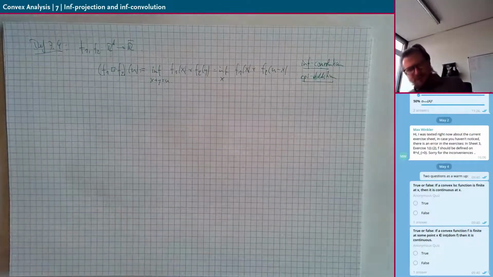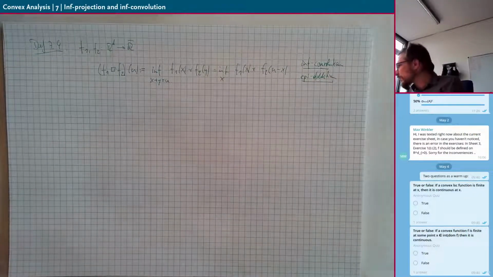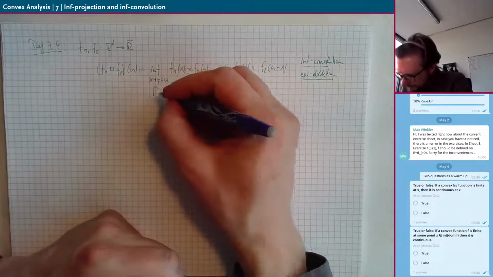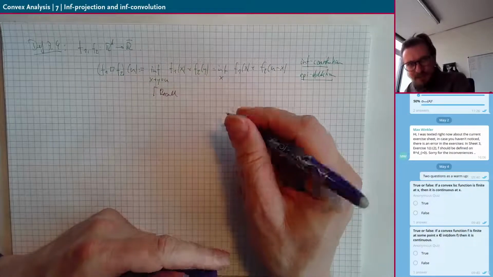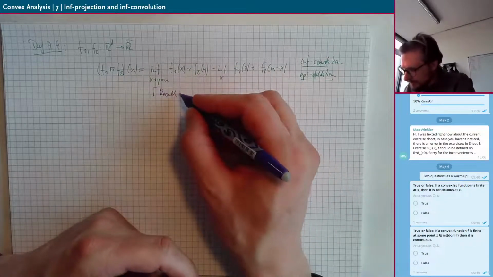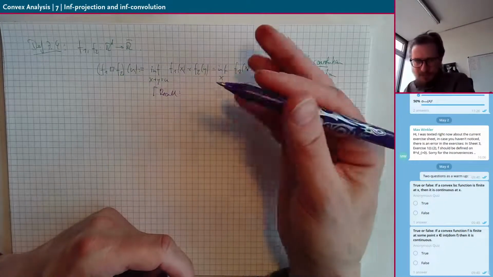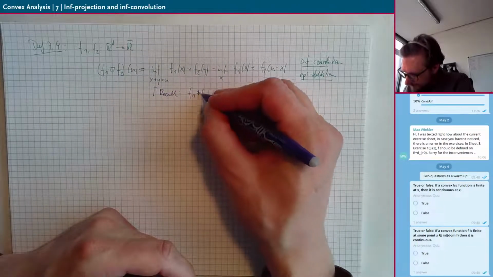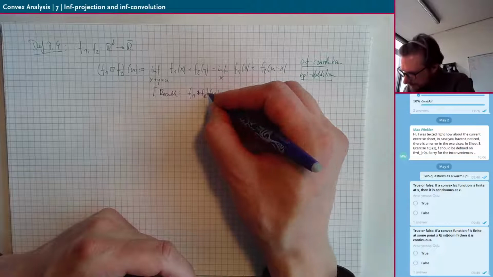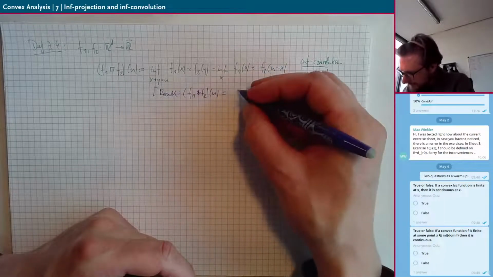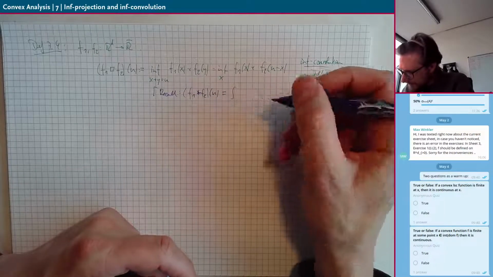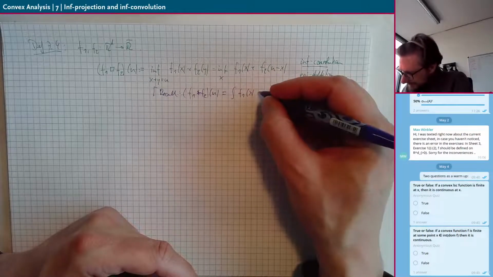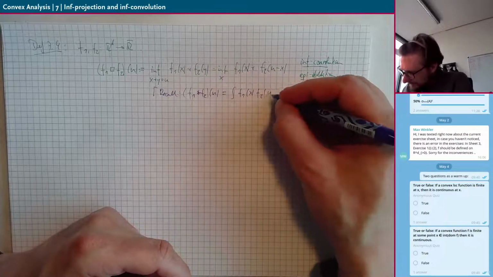Actually, why it's called convolution, you probably recall the notion of convolution from somewhere else. So it's related to what a convolution is. For two functions, maybe again on R^d, but now finite valued, f1 convolved with f2 at some point u is defined as the integral over f1 of x times f2 of u minus x dx.